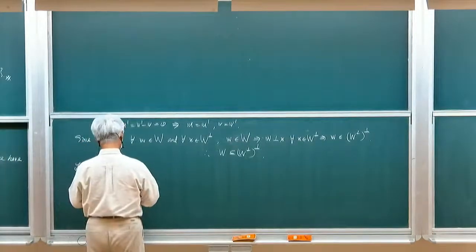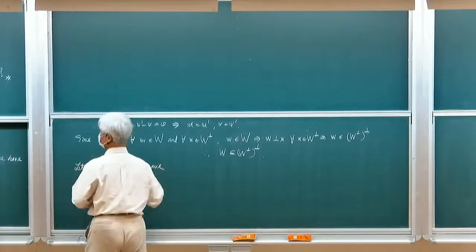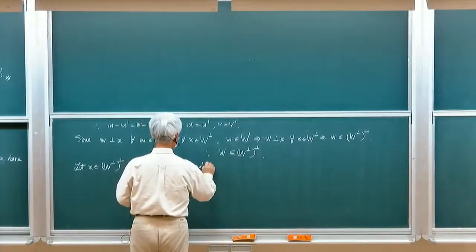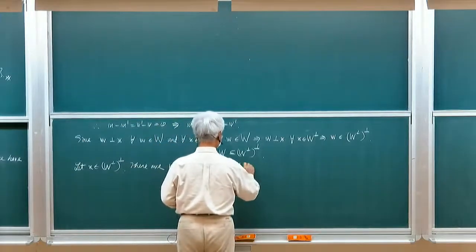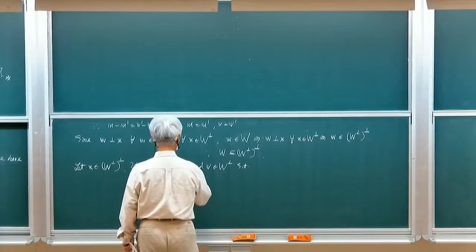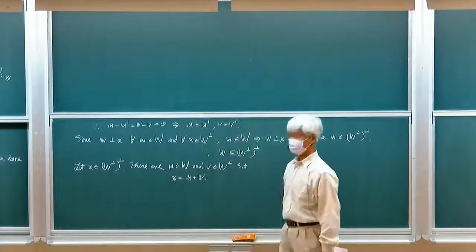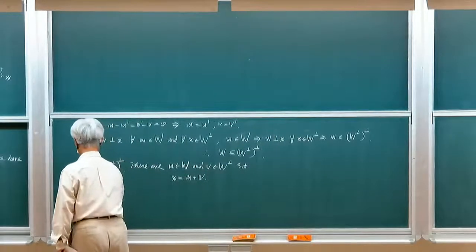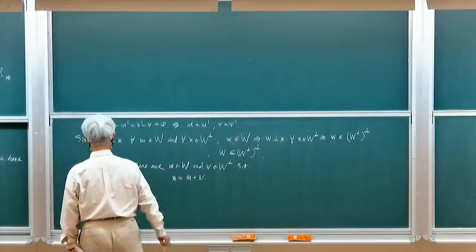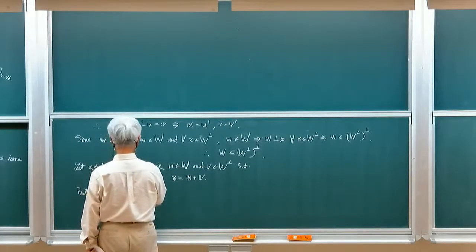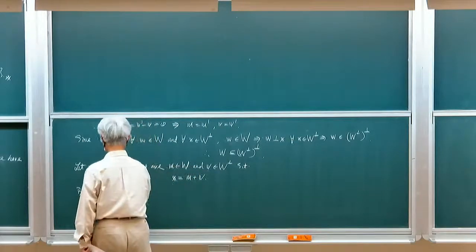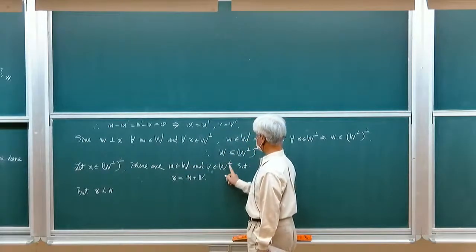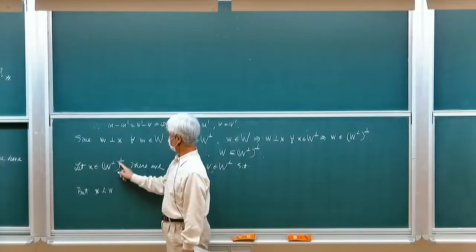By our previous decomposition, there are U in W and V in W perp, such that x is equal to U plus V. But we know x is orthogonal to V, because V is in the orthogonal complement of this set, and x is in the orthogonal complement of W perp.